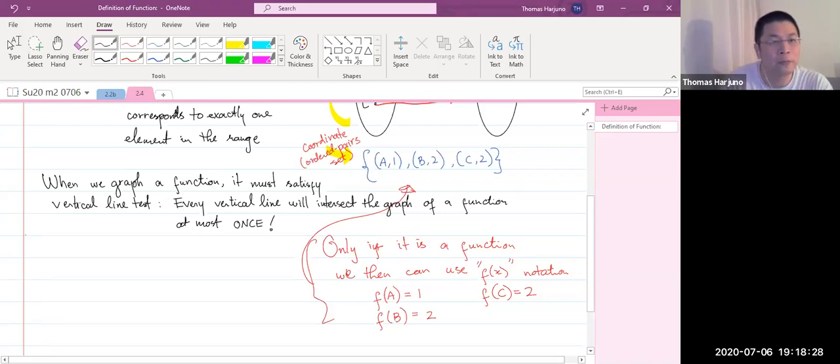Now, let's see, for example, number 4 in our textbook, section 2.4, number 4. Let f(x) equal x over x minus 3. So if the input is x, the output is this.